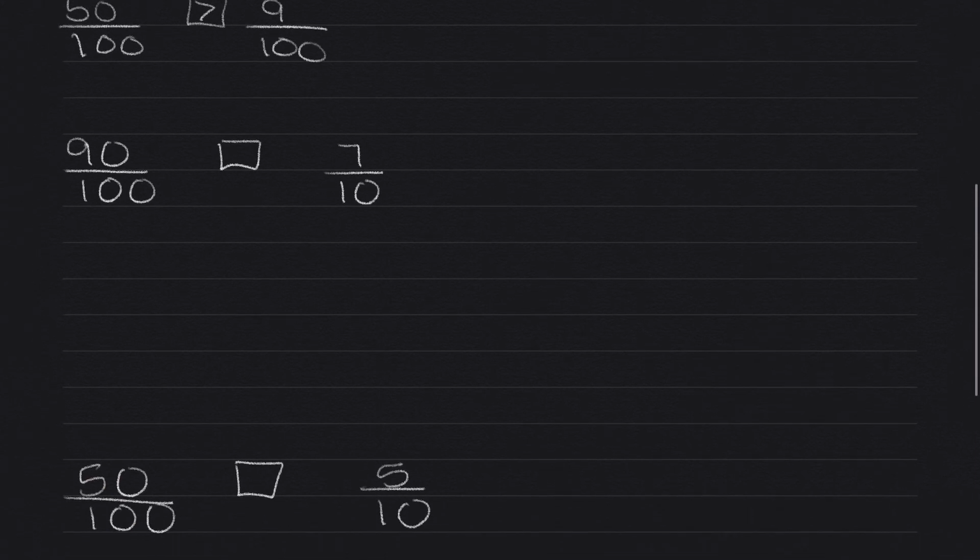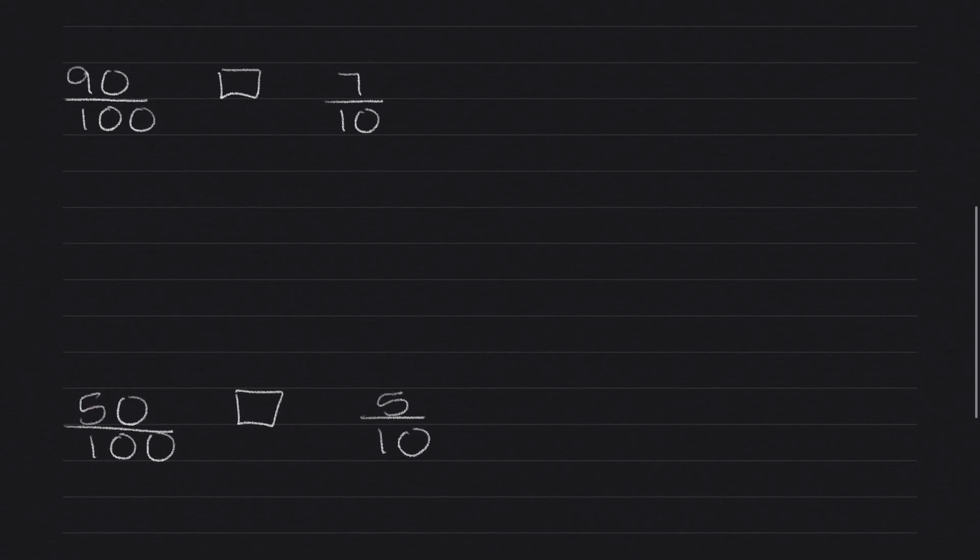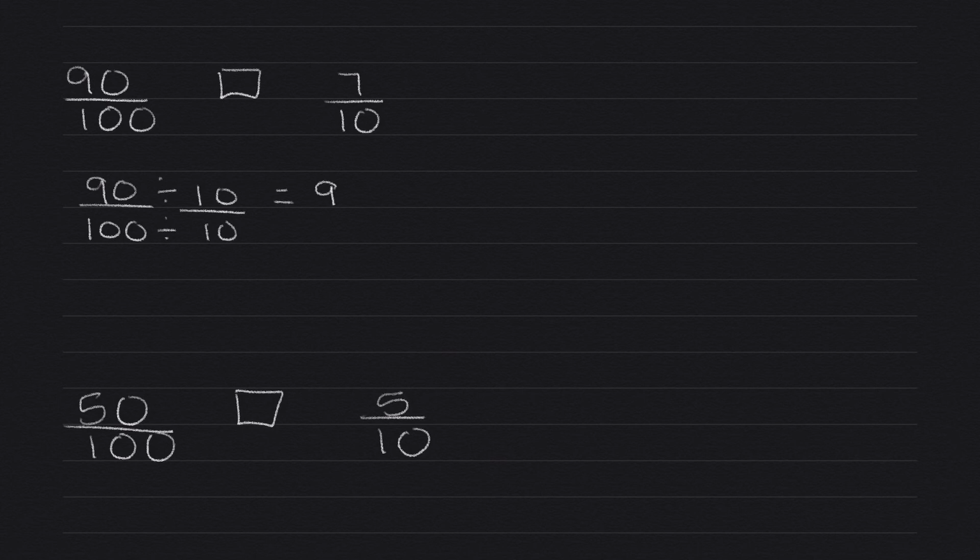Now, I do want to show you another way you can complete these as well. While you can multiply by 10, I can also take my fraction with a larger denominator of 100 and work backwards, so I can divide by 10. I'll show you what I mean. If I want to turn my hundredths into tenths, I can take 90 hundredths and I want to make it smaller, so I divide by 10 and divide by 10. 90 divided by 10 is 9, and 100 divided by 10 is 10.